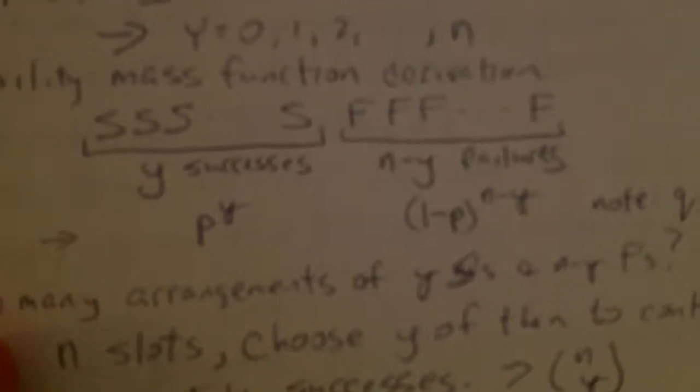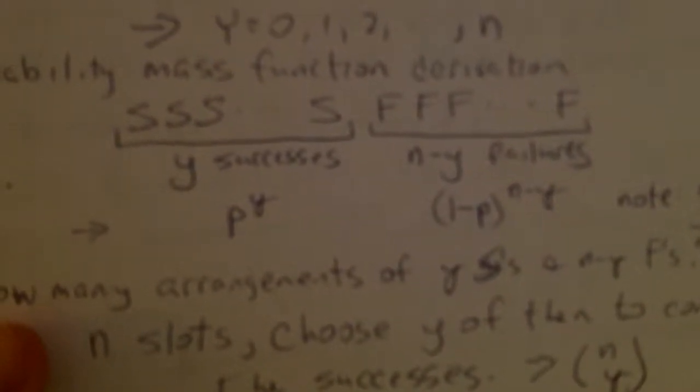As far as the mass function's concerned, we can actually build this one using the underlying conditions. What I've got written here is a situation where in our n trials, the successes come first, and then the failures come afterwards. So y would be the number of successes, n minus y would be the number of failures.